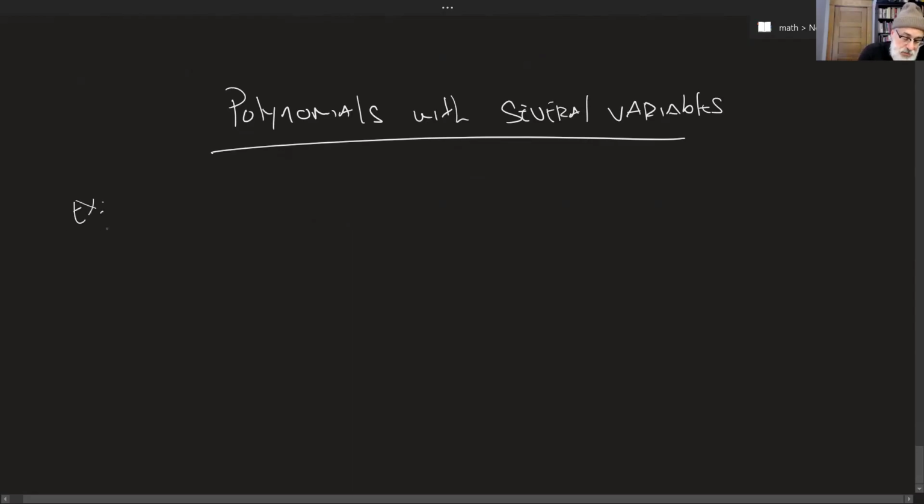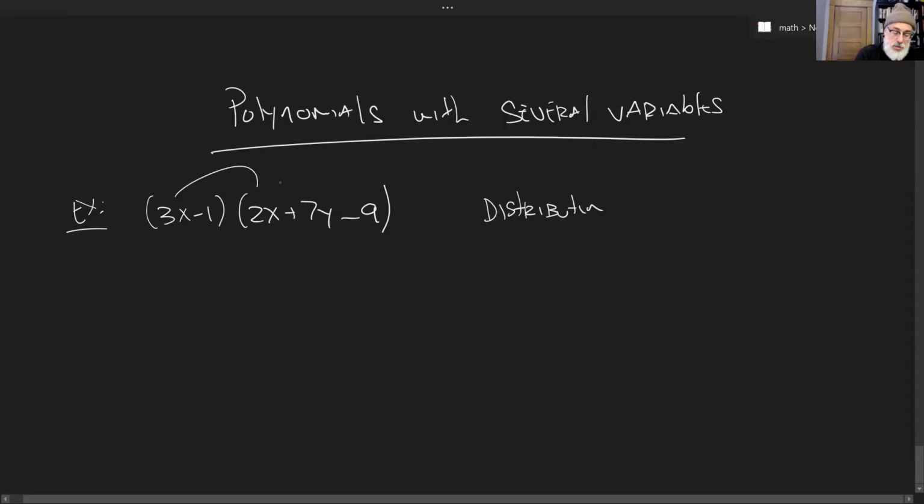An example is 3x minus 1 times 2x plus 7y minus 9. So you notice here we have a y and an x. So we're going to use the distribution that we learned.